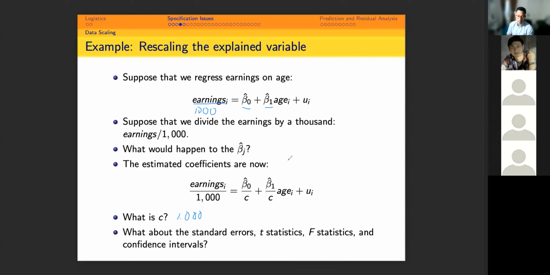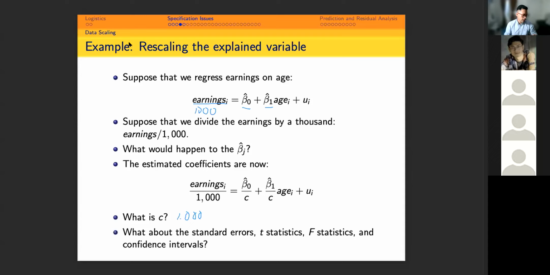The next question is, what about the standard errors, the T statistics, the F statistics, and the confidence intervals? Will they change or will they stay the same?